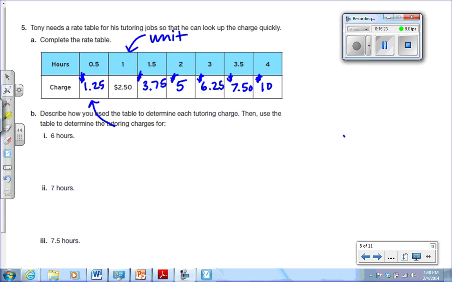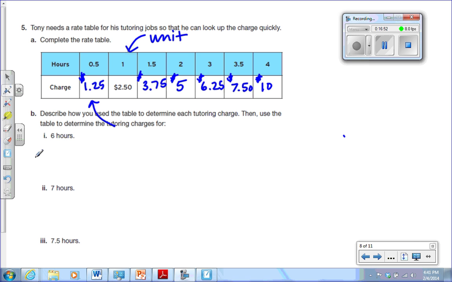Hopefully you're feeling pretty good about the table at this point. Part B asks you to describe how you use the table to determine each tutoring charge. Then use the table to determine the tutoring charges for three different things. You will see problems like this where you're actually having to fill in a table, or you'll see them like this where it's just one problem at a time off to the side. So I'm going to give you a few minutes.